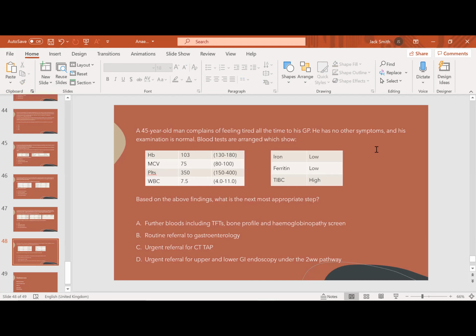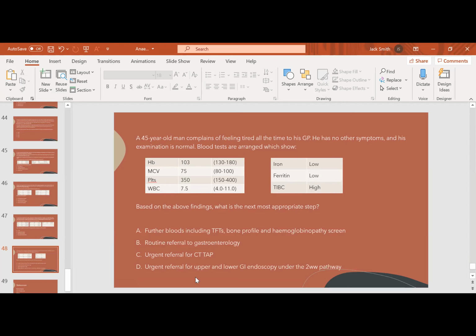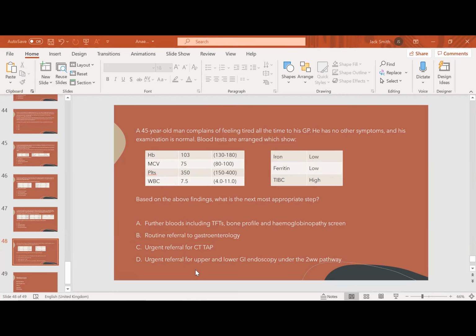Ferritin low, iron low, total iron binding capacity high. So based on these numbers, along with this extra information, these presenting complaints, what is your next most appropriate step? So I will tab over to the question.